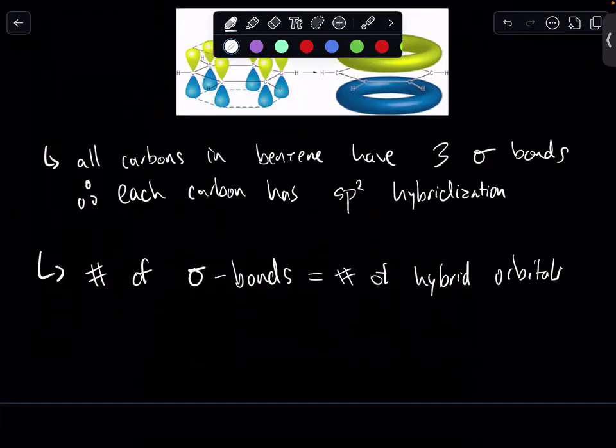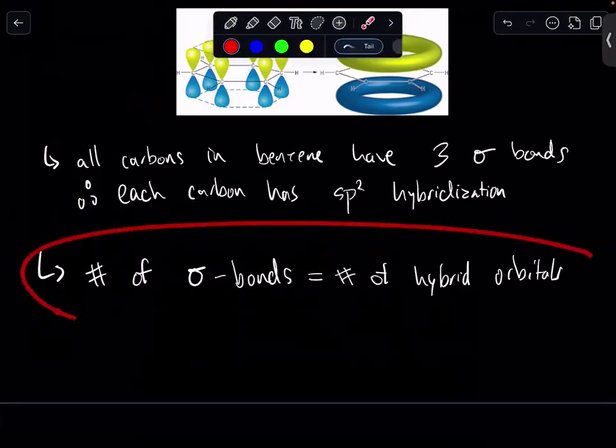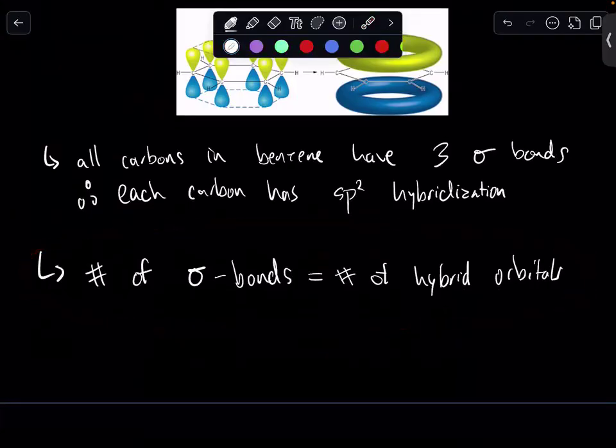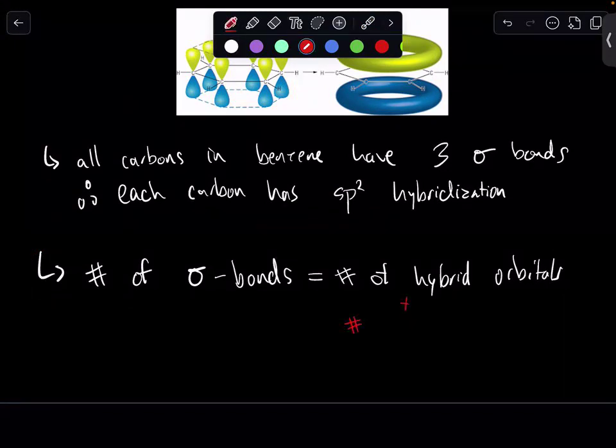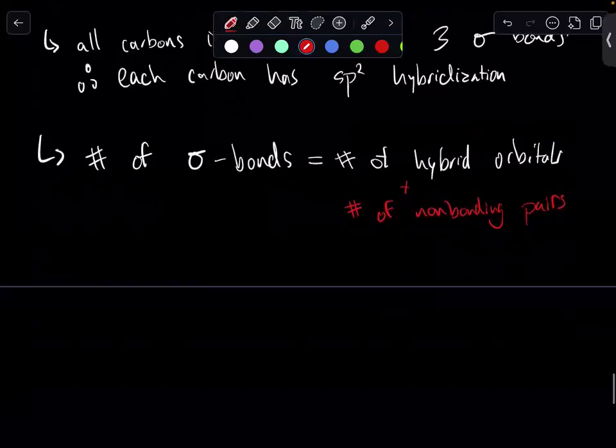So, well, now see, I look at that and I go, wait a minute, this rule doesn't work, because we also have to consider that it's not just the number of sigma bonds, but it's the number of sigma bonds plus number of non-bonding pairs. You know, you learn something new every day, and looking at that example, I immediately realized that it does not carry with ozone, because ozone does have its lone pair of electrons.